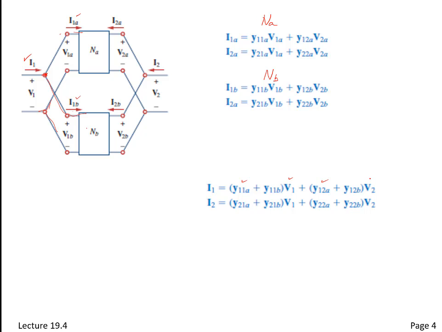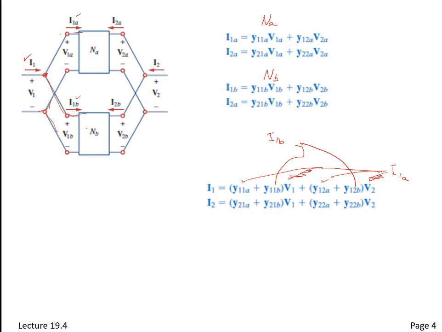Y12A and V2. Okay, so those four terms come together and they make up I1A. Likewise, the other terms are going to come together. Well, it's not four terms, it's two, I1 times V1. And these other two are going to come together and they make up I1B. That's just the combination.